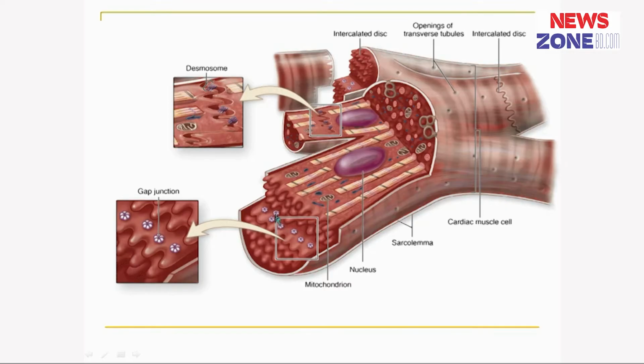In this figure we can see these are gap junctions and these are desmosomes. So these desmosomes are present in the transverse region and these gap junctions are present in the longitudinal region of the intercalated disc.